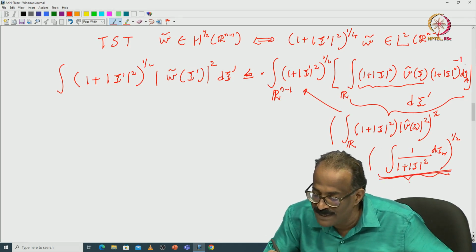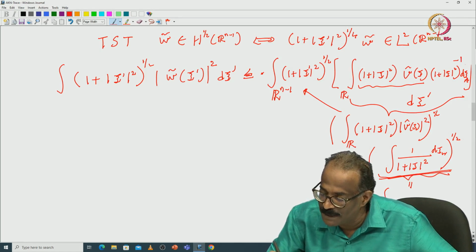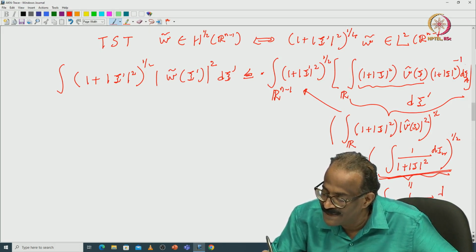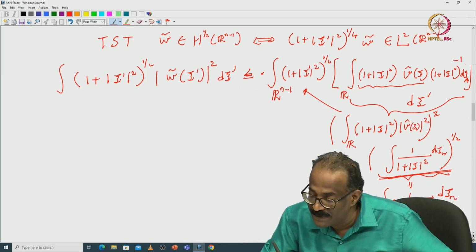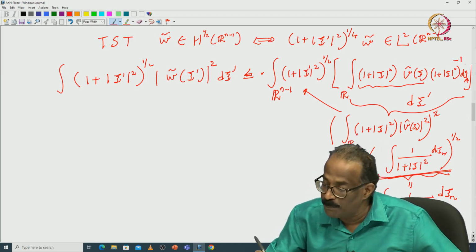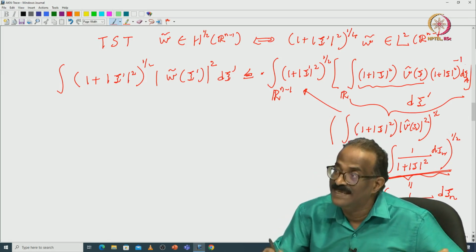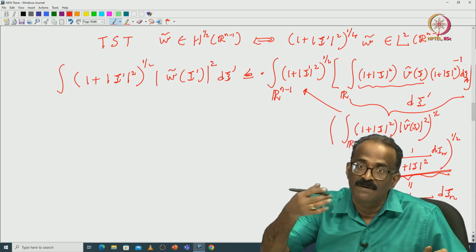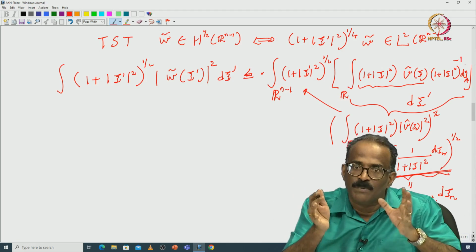This evaluation is easy because this is a typical tan inverse function. You see, this is 1 plus mod psi prime square psi n square d psi n. This is like the integral of 1 by a square plus t square dt, which is something like tan inverse with some constants.